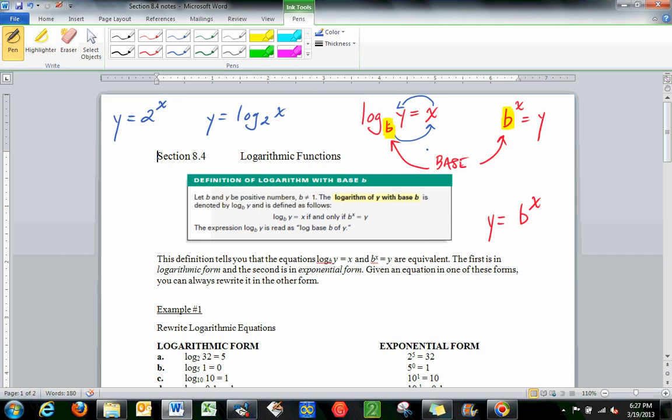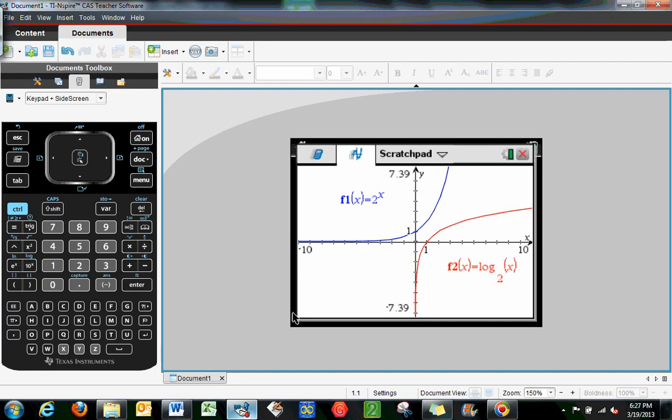What we're going to do is show you how that looks on the calculator. I graphed these ahead of time so that you can see them. You'll recognize the exponential function, 2 to the x power. We've been dealing with exponential functions, and in this case this is an exponential growth function. And you can see the second one is the reflection of that, and if you recall, inverses are reflected over the line y equals x.